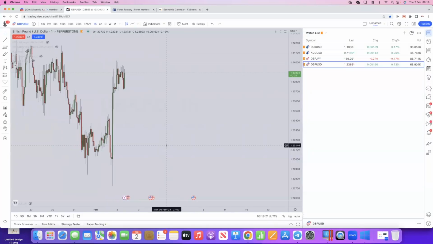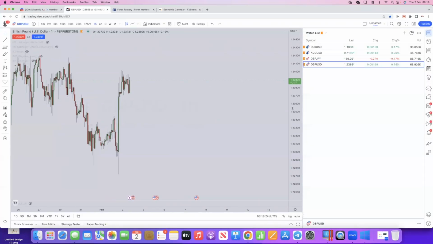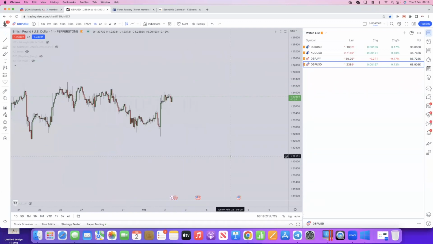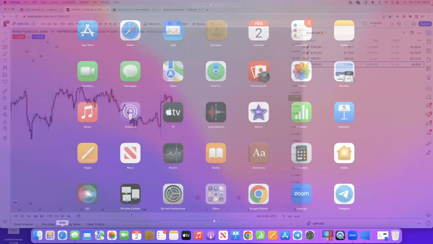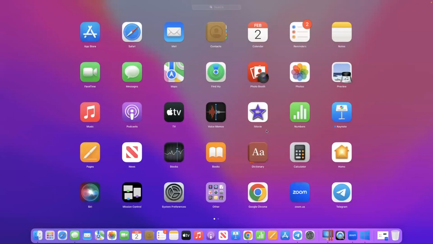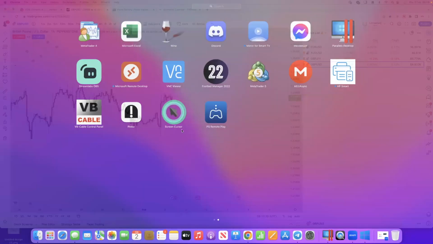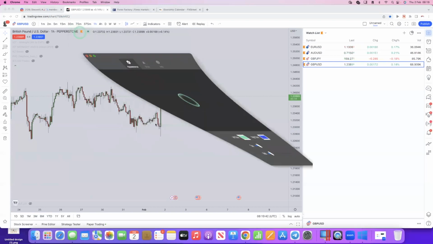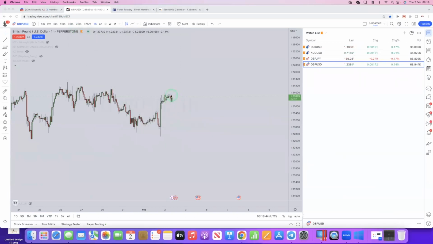The other thing I'm changing on here, which I found just yesterday, which I didn't do a video on, but I was watching price action, especially when the news is coming in, the broker on TradingView is absolutely atrocious, guys. The price and the spreads and things like that, it's not good.